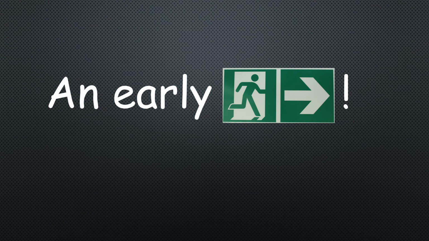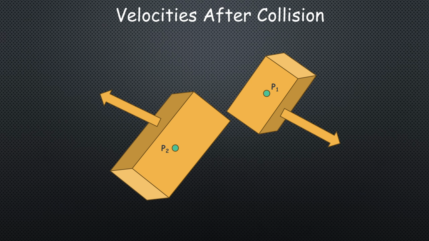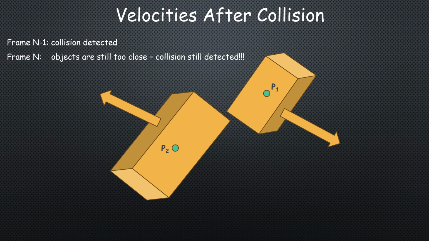At this point, we have an opportunity for an early exit from the algorithm. While this calculation should only take place for objects that are touching, they may actually be already separating from one another. This can happen when the collision was already processed in the previous frame, but the objects didn't move enough, so the collision might still be detected by the implementation.